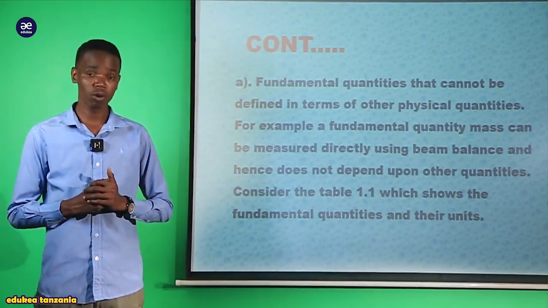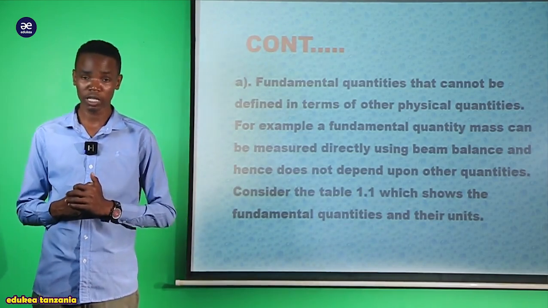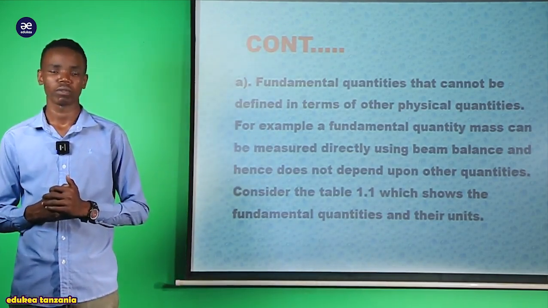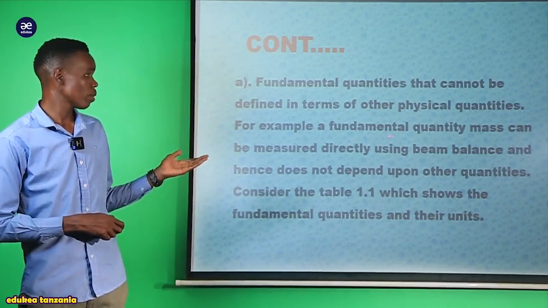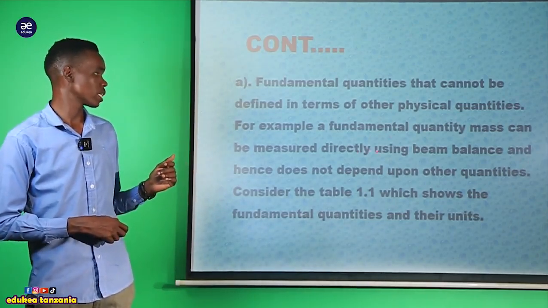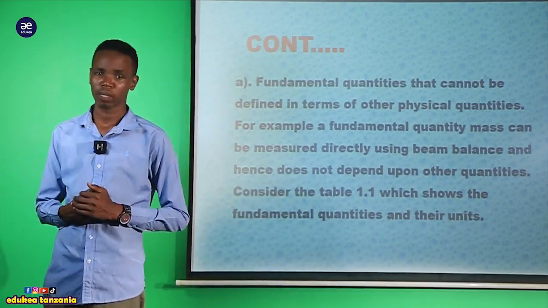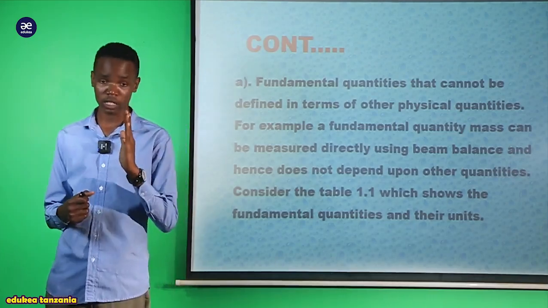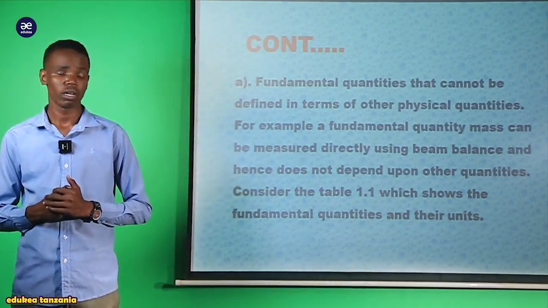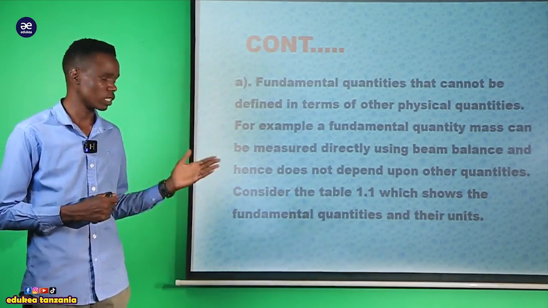And these are so many examples of the fundamental quantities, my dear student. As you can see here, for example, a fundamental quantity mass can be measured directly using the beam balance. This always we obtain directly from the instrument, my dear student. These are fundamental quantities.